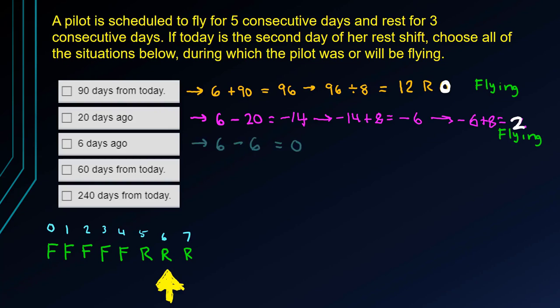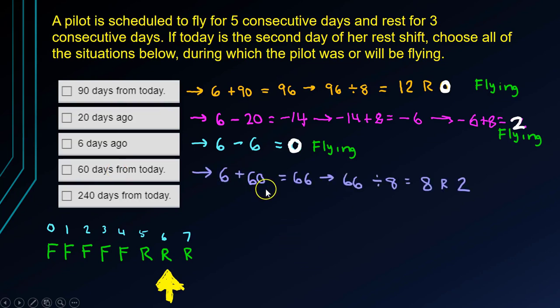Now 6 days ago, starting at 6 again, day 6 of her cycle, subtracting 6 would give me 0, and 0 of course corresponds down here to this 0, which would be another flying day. 60 days from today, I would take 6 plus 60, you get 66. Now 66 divided by 8 would give me 8 with a remainder of 2.